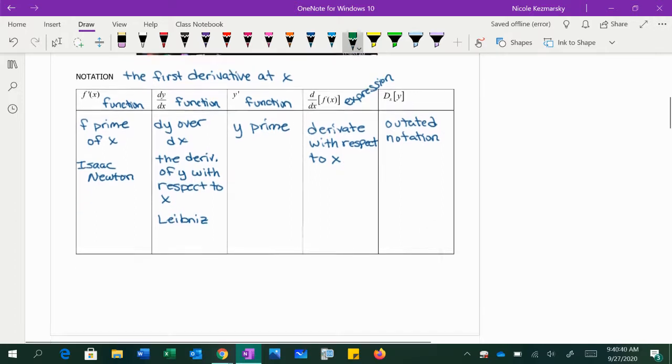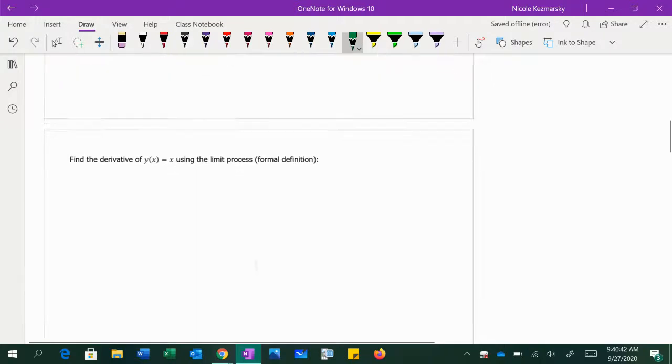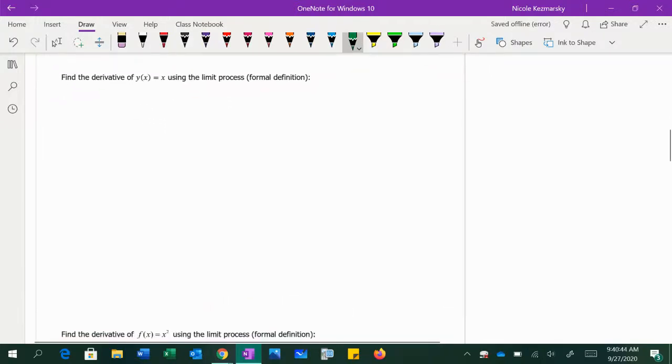Now that we've talked about notation, what we're going to do next is actually apply that definition of the derivative. What you'll see in directions is find the derivative using the limit process or using the formal definition. Either wording tells you that you're using the definition of the derivative. So our function is called y, which means we're going to be finding y prime of x.